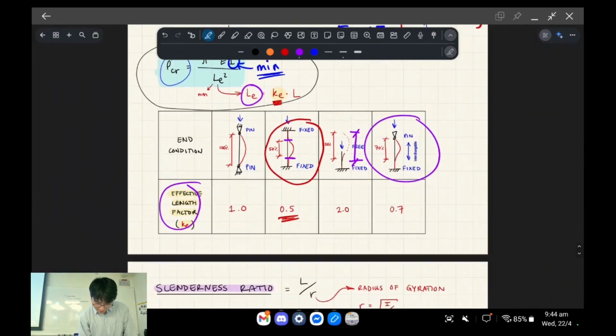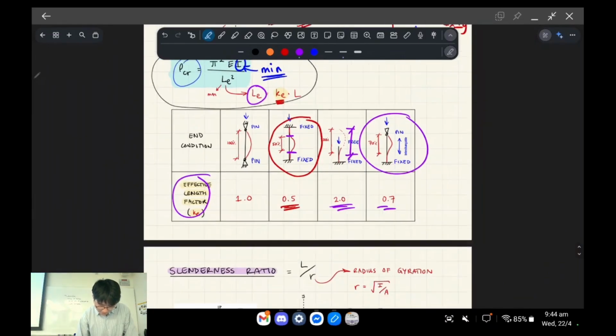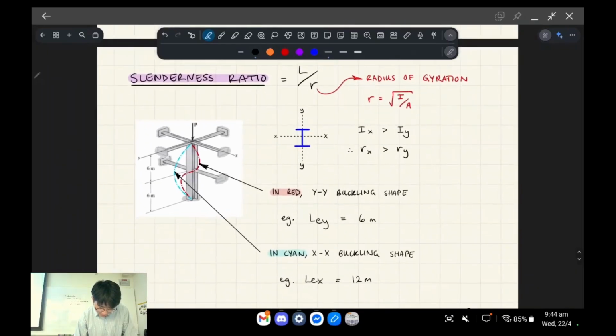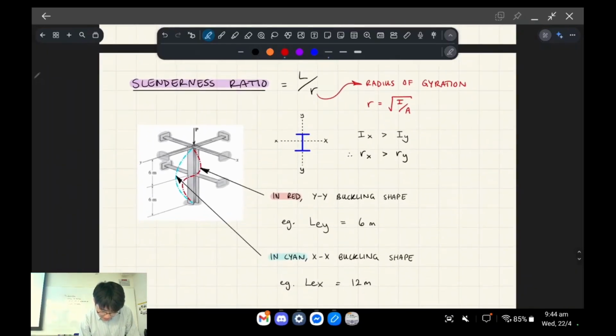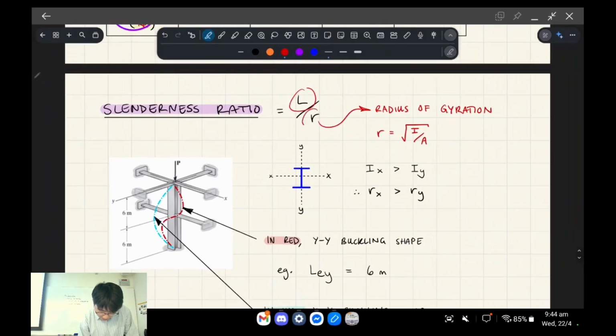You'll learn about this more in steels, and even concrete. The idea is we're comparing something called the slenderness ratio. The slenderness ratio is your buckling length over something called the radius of gyration. Just think of it as a function of your moment of inertia, because radius of gyration is really hard to conceptualize.